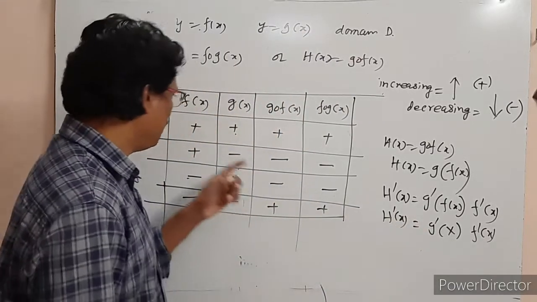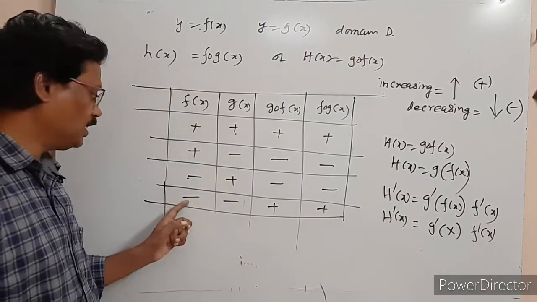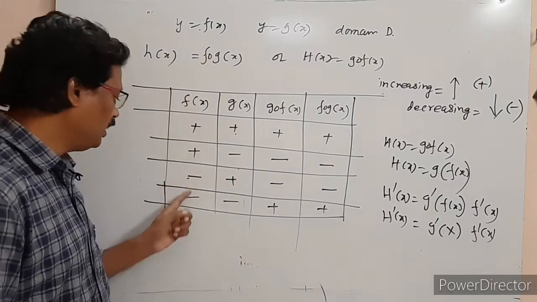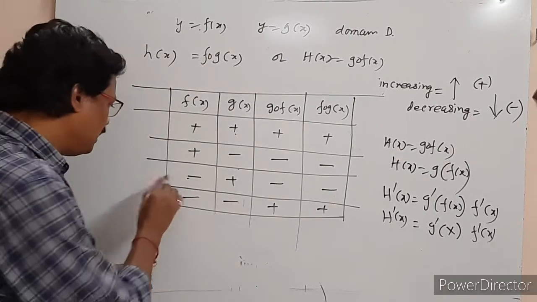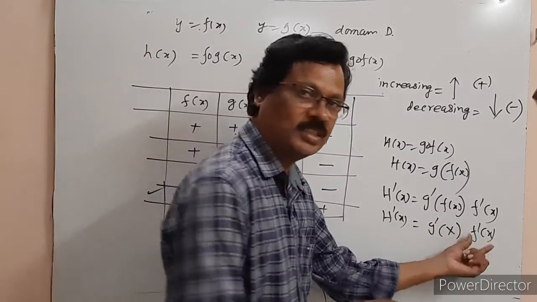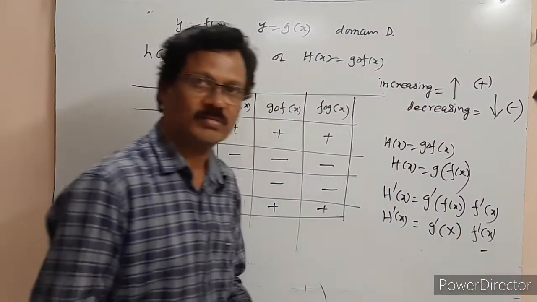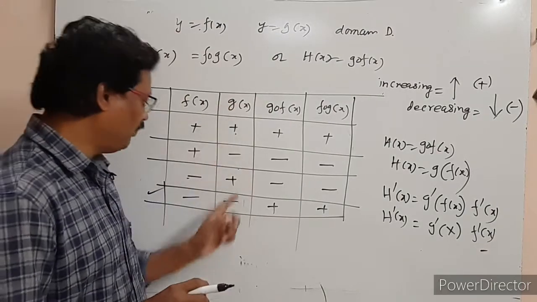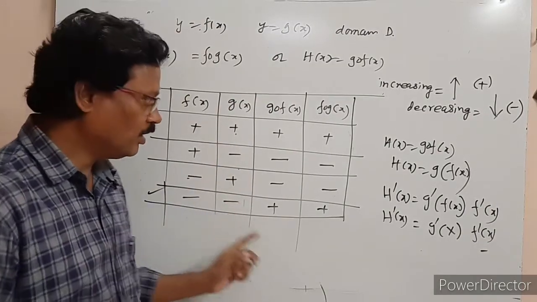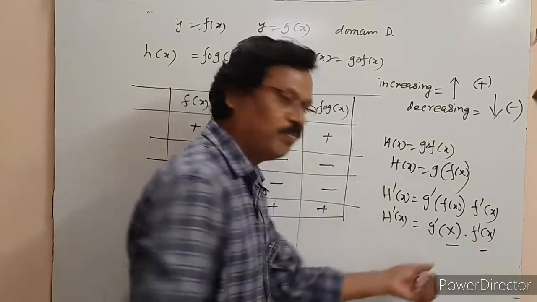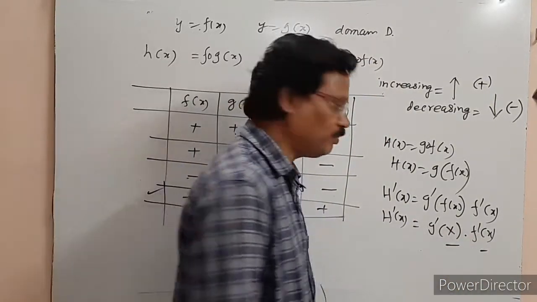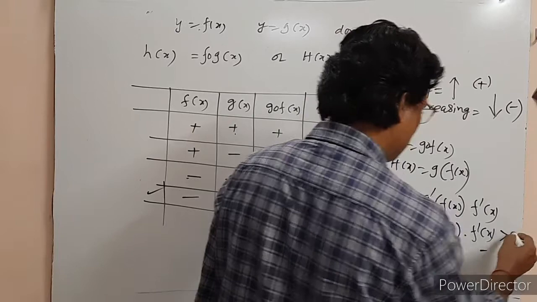Let us see the last one. f x is what? Decreasing. Now if f x is decreasing, then what about f dash x? Minus sign. What about g of x? It is also decreasing, therefore g dash x is also negative. Therefore this product is what? Minus into minus plus, therefore it is greater than 0.